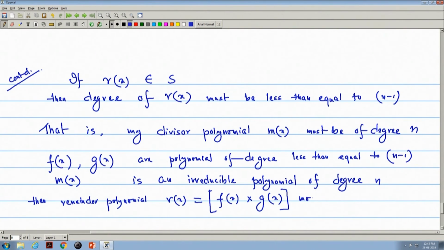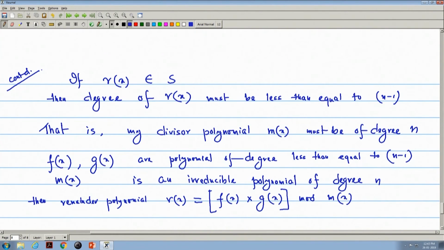That means, if it is a remainder, I can take modulo m x. Now, this is totally similar to modular arithmetic, because m x is analogous to some prime number p and this is a product. So, a mod n, and the remainder I can take.